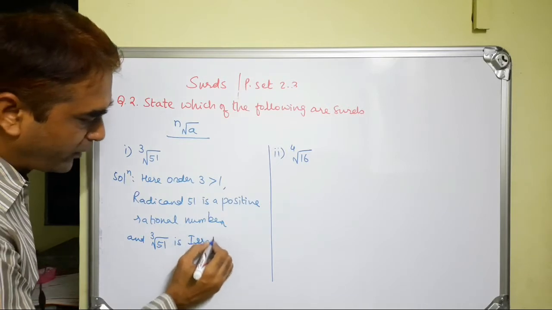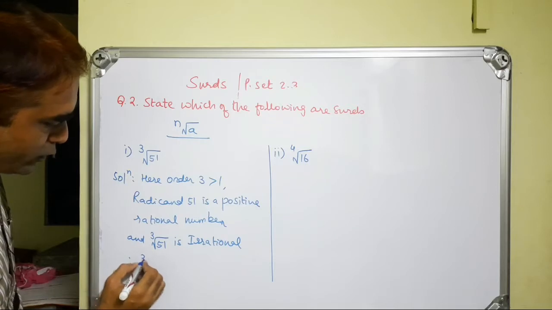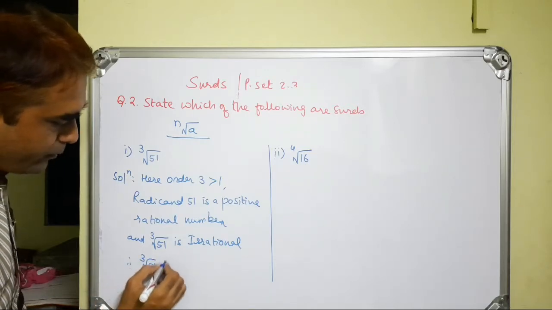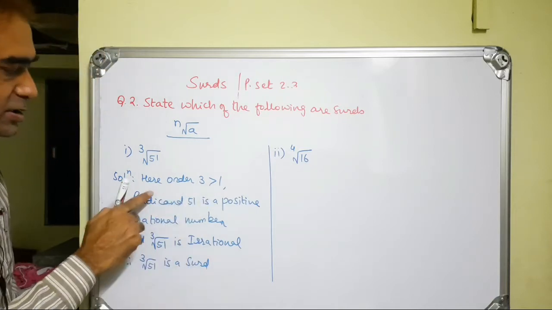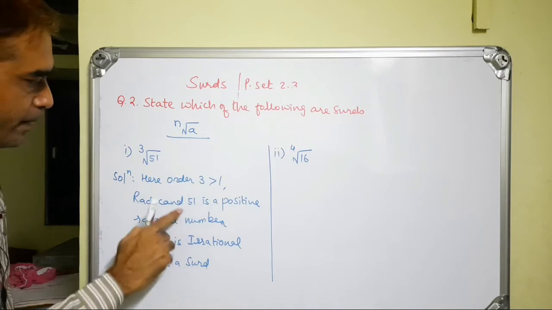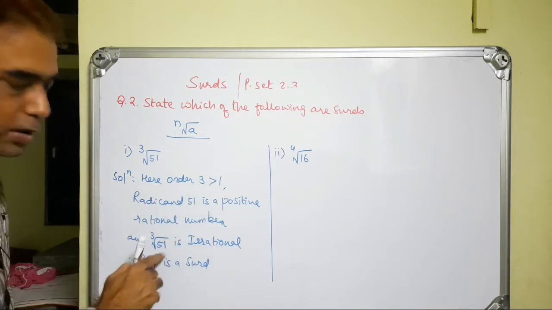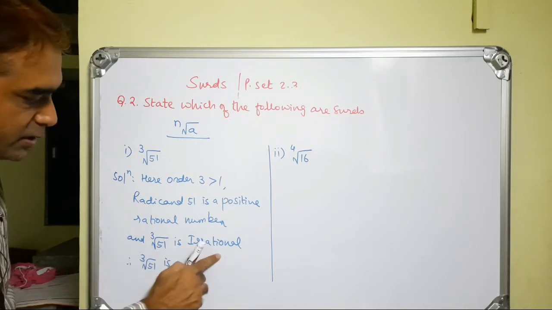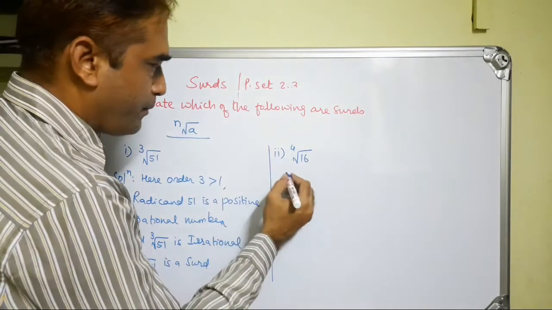Therefore cube root of 51 is a surd. All three conditions are satisfied. Order is greater than 1, radicand is a positive rational number, and the value of this number is irrational, therefore it is a surd. Now look at this number.